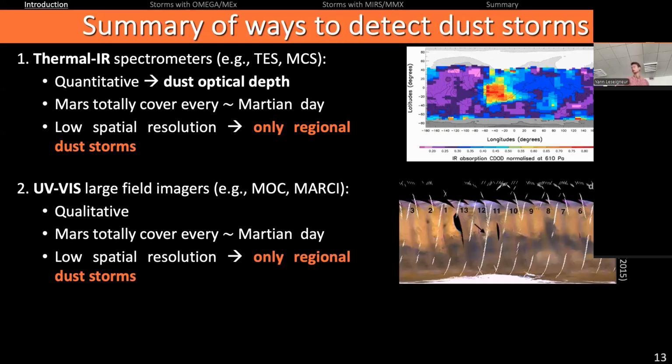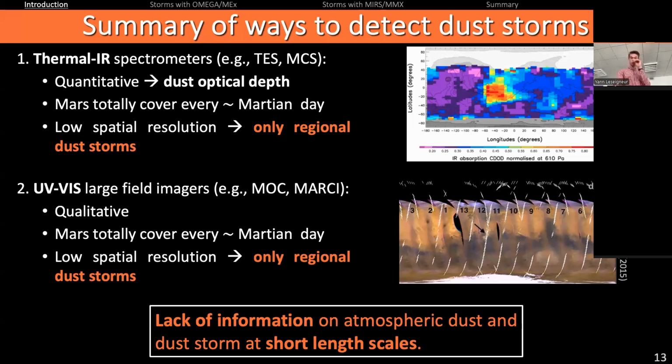A similar instrument with a similar spatial resolution is the UV visible large field imagers like MOC on MGS and MARCI on MRO. So it's only images. We can only detect the dust storms, so a qualitative study, again with really good spatial coverage but with a very low spatial resolution.